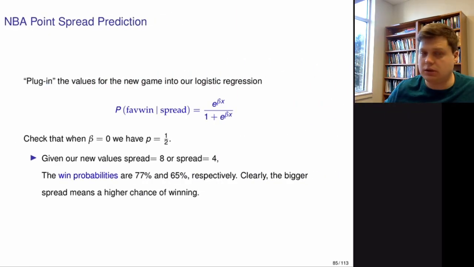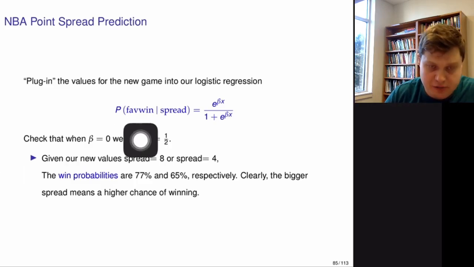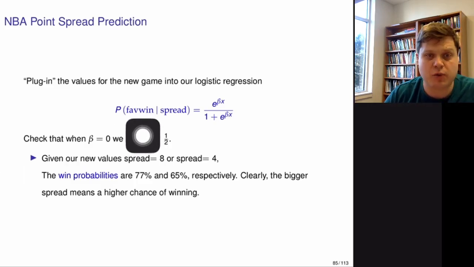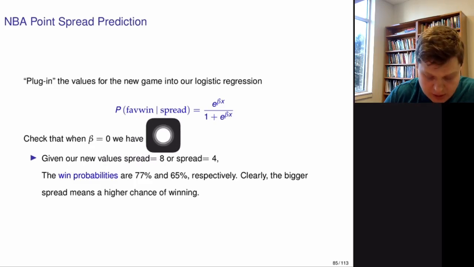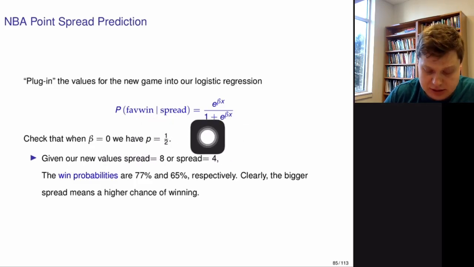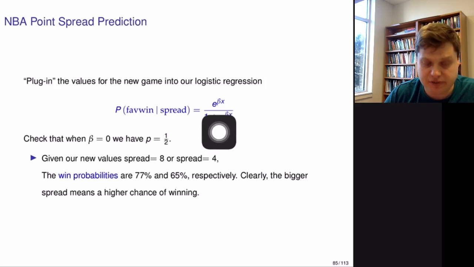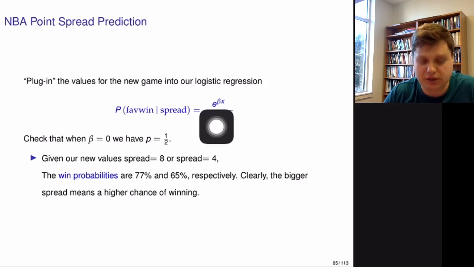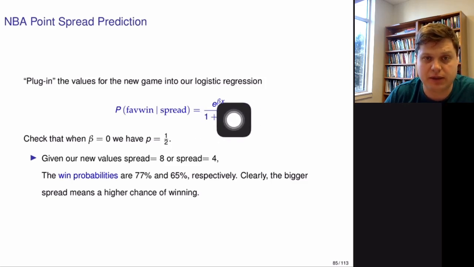Let's look at this model now. You remember that the probability of y equals 1, in our case y equals 1 means the favorite team wins the game, given the spread, is the logistic function applied to the linear combination of x's. We just have 1 x, we don't have beta 0, so the logistic function becomes exponential to the power beta x divided by 1 plus exponential to the power beta x.